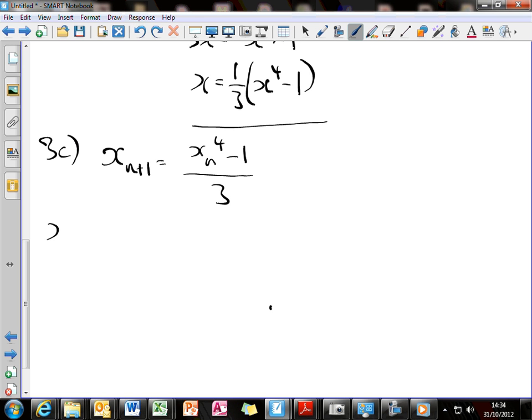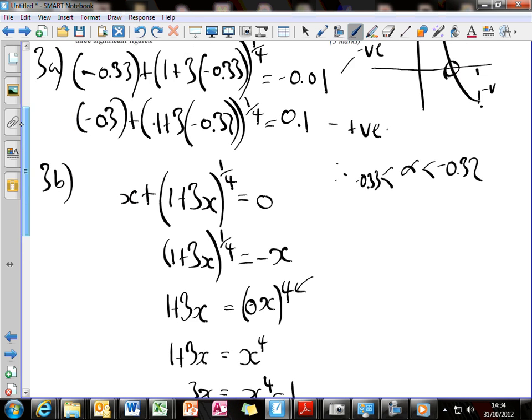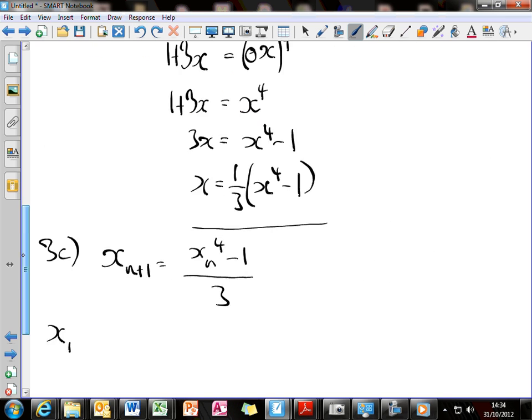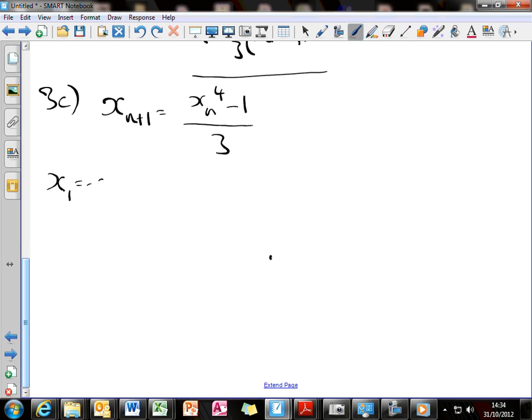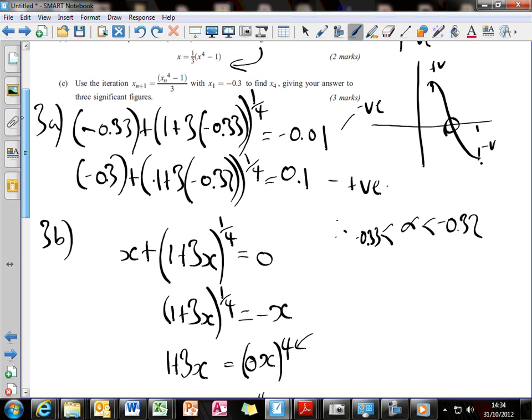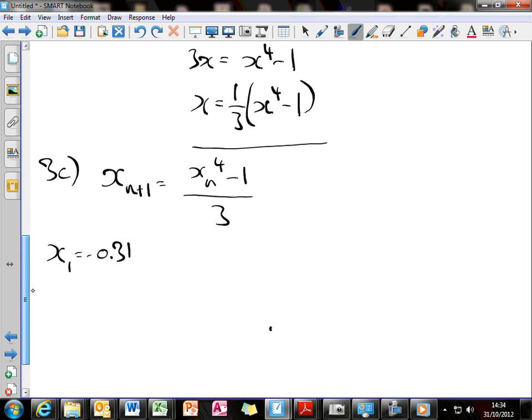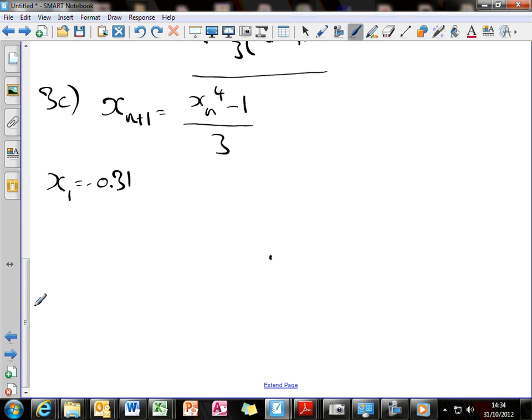And it says that x1 is minus 0.3. Is that right? Sorry. No, let's get rid of that, it's just 0.3.